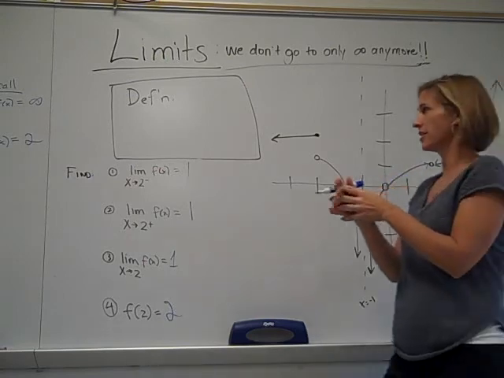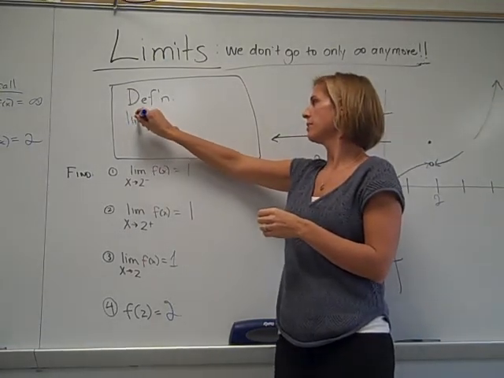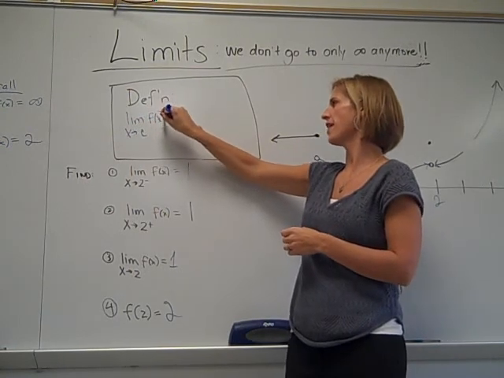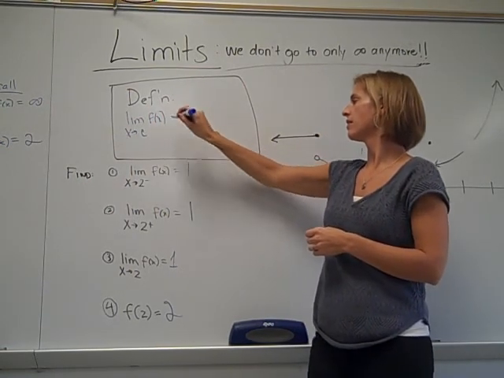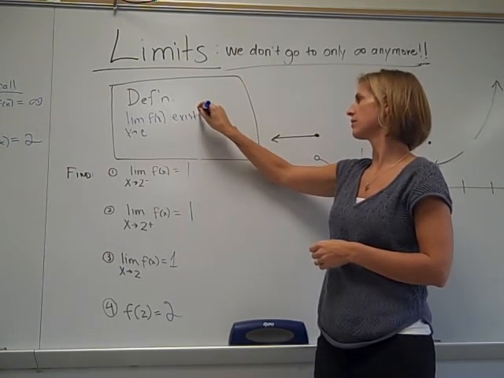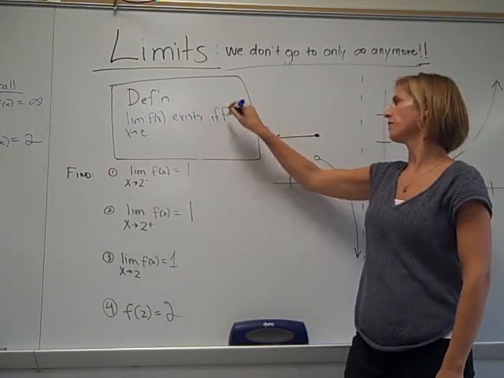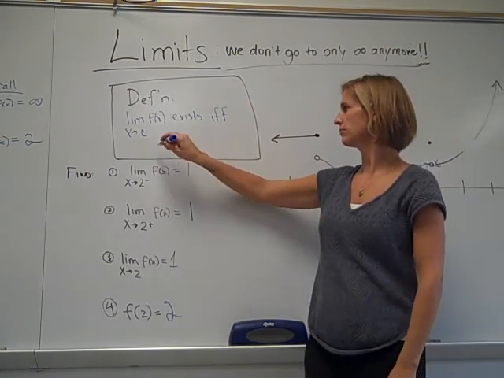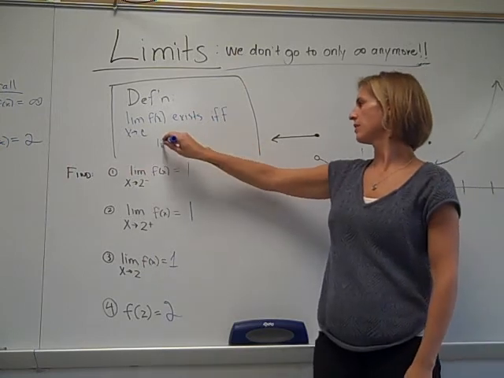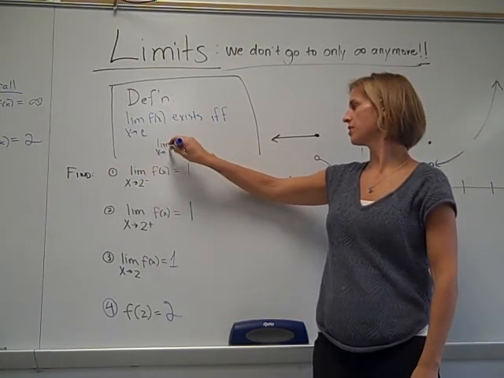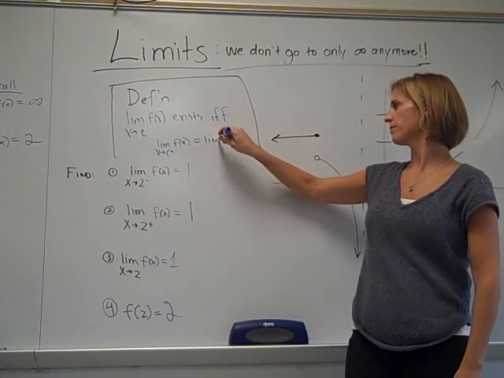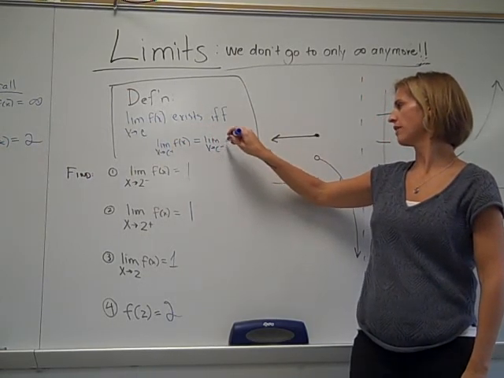So the definition of a limit is the limit as x approaches some value c of f of x exists if and only if, if you want to be all technical, the limit as x approaches c from the right equals the limit as x approaches c from the left.